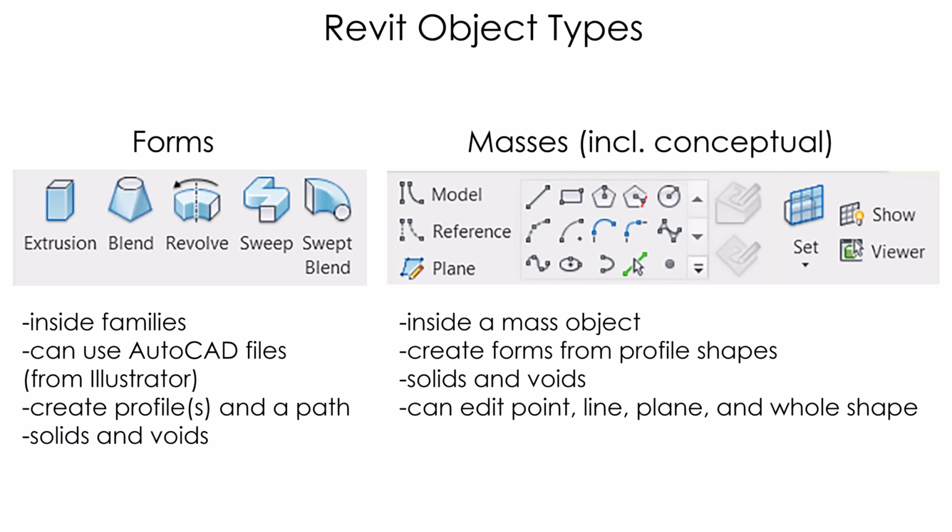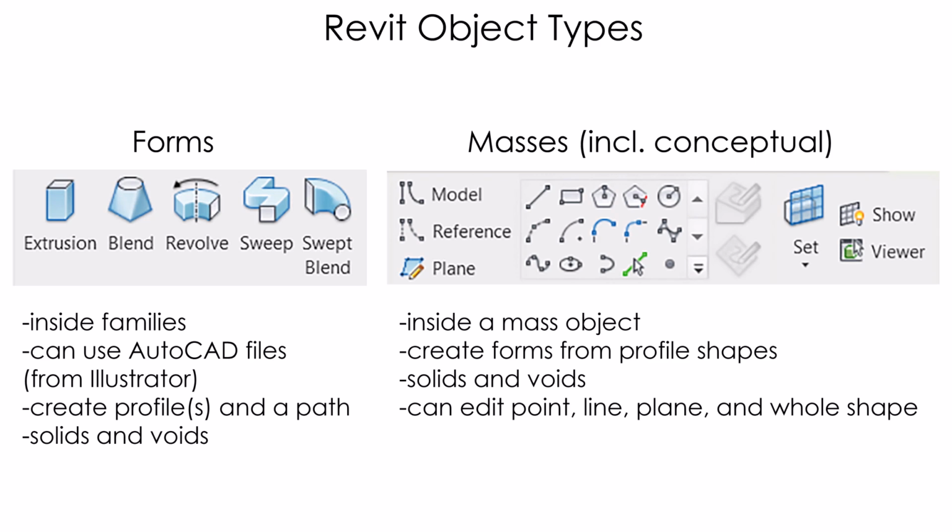Now, these forms only work inside families, so that's where you create them. So immediately that forces you into using either a component modeled in place, where you can see the other geometry of the building, or frequently I think people find it easier to work on components as standalone components, particularly when it's a complex piece of furniture. It's nice to be able to rotate around the model, see underneath it, without having to deal with walls and floors and ceilings and the like.